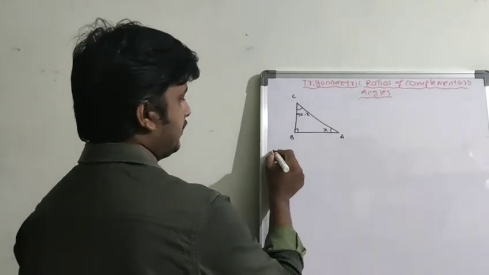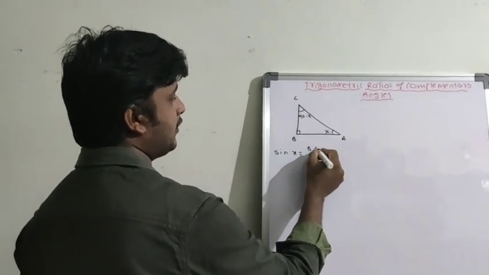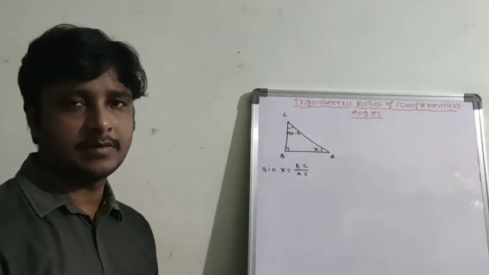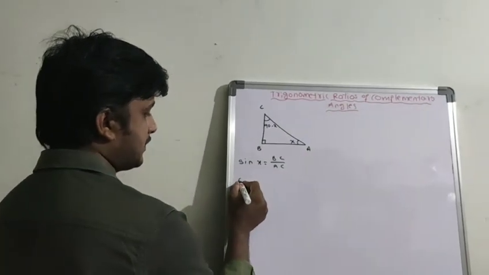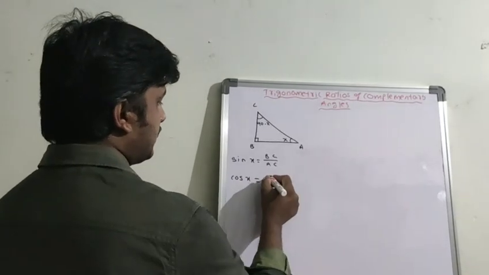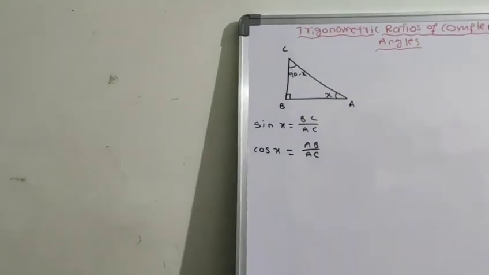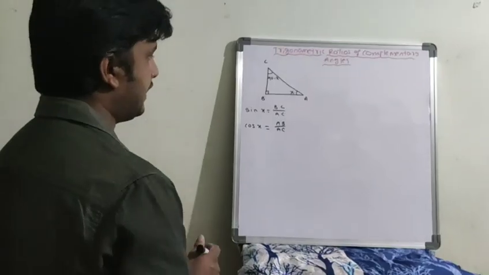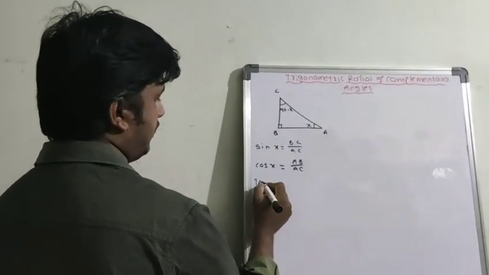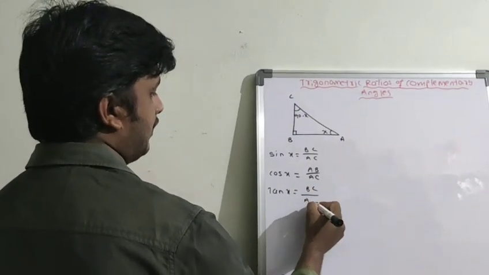So, sin x is equal to opposite BC by hypotenuse AC. For x, what is opposite? BC, and adjacent is AB. So next one, cos x. Cos x is equal to adjacent AB by hypotenuse AC, and tan x is equal to opposite BC by adjacent AB.